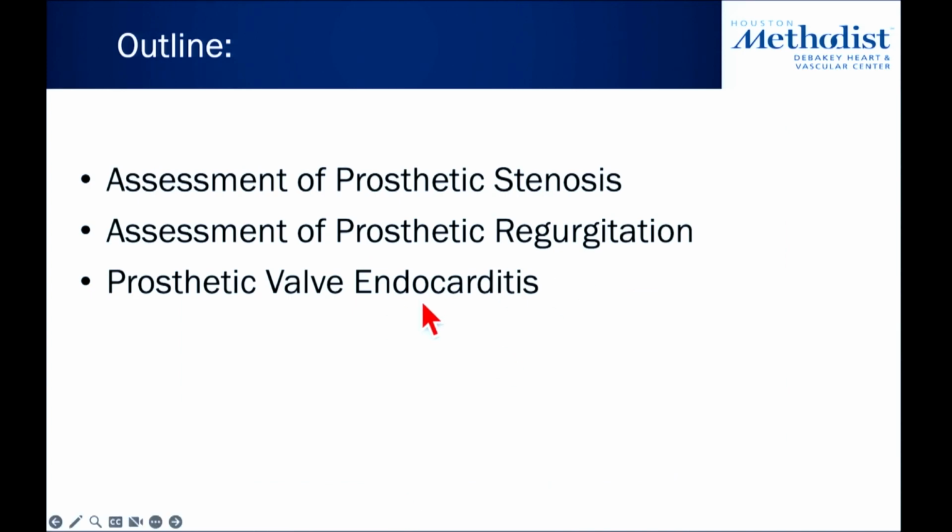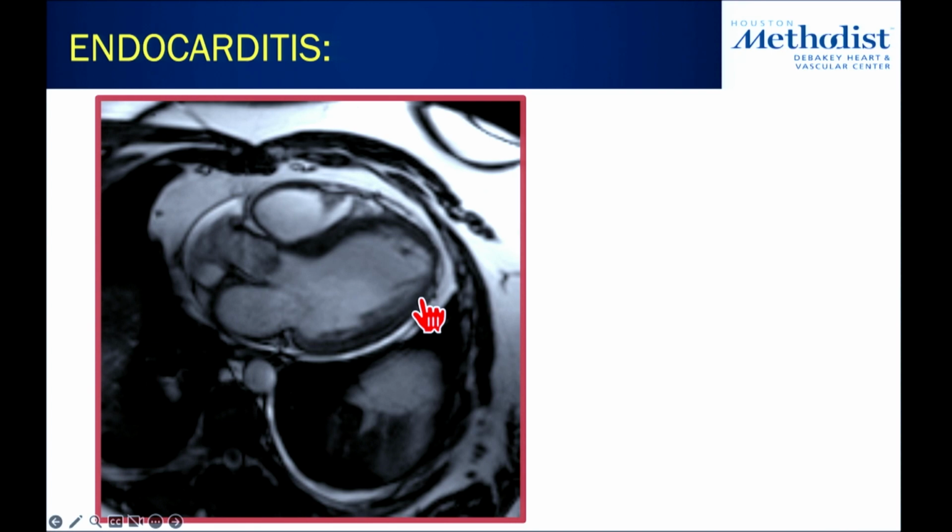Lastly, what about endocarditis? I think Dr. Chang nicely talked about the limitation with CT of small, highly mobile endocarditis lesions. That limitation also applies for MRI. In this case, you've got a very nice large lesion; you can easily see it. But small lesions that are highly and randomly mobile, you're not going to be able to see by MRI. As a result, you should never get an MRI to look for endocarditis.